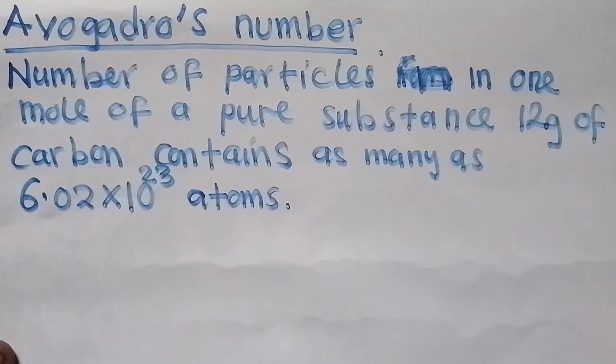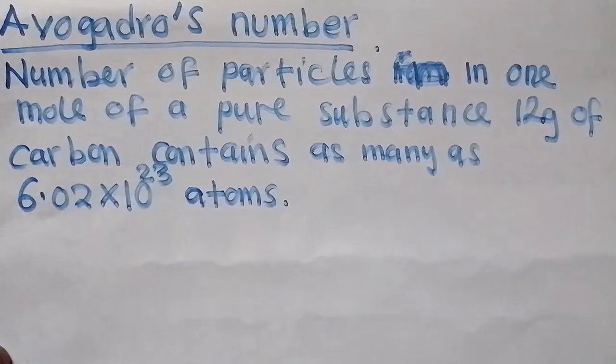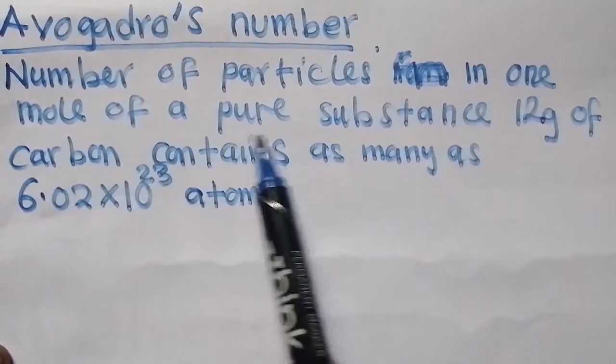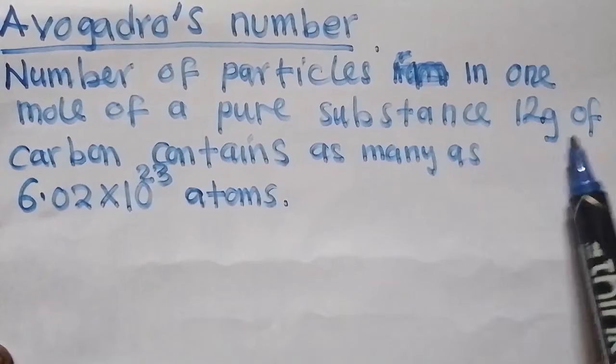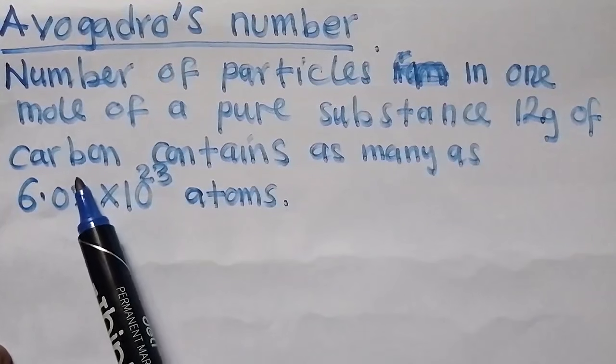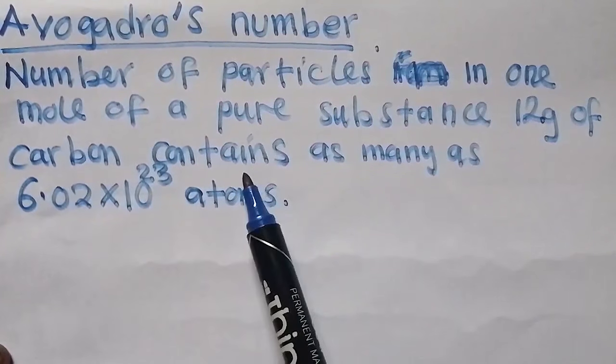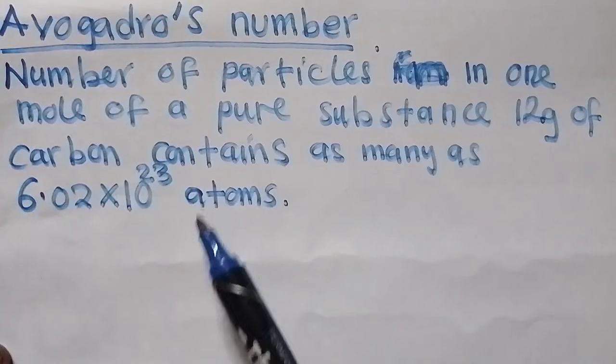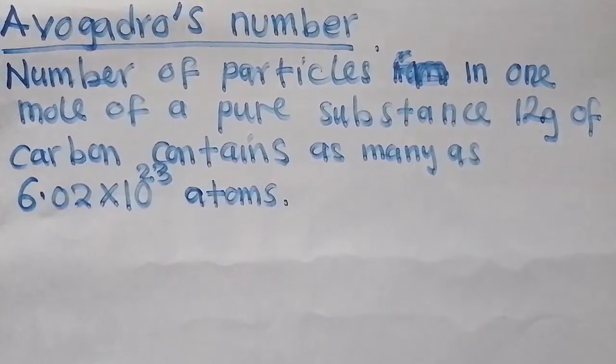If they ask you what Avogadro's number is, it is the number of particles in 1 mole of a pure substance, which is 12 grams of carbon, which contains as many as 6.02 times 10 to the power 23 atoms. These are terms that you need to know and understand, clearly and very well.